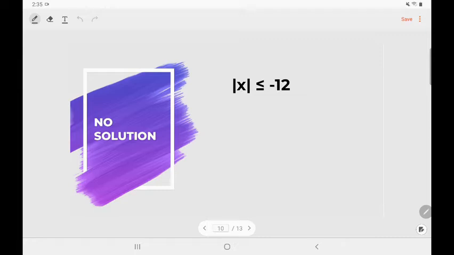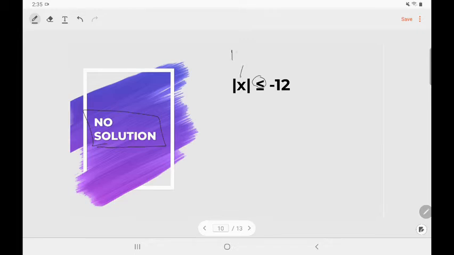So first off, let's talk about when we do have no solution. Notice that I have this absolute value is less than or equal to -12. Now, it certainly is not equal, but we want to pay attention to see if it can be less than -12. Well, think about all the results of an absolute value.